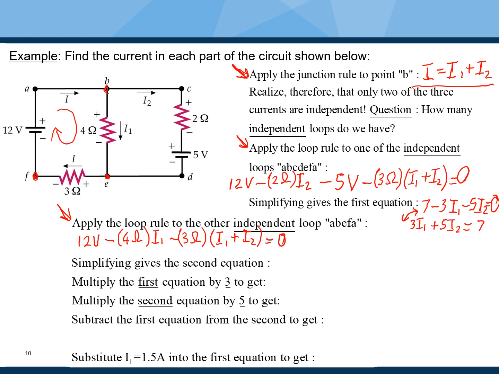Now again, we can simplify this equation, and we would like to do our simplifications as quickly as possible. So we see that we have 12 volts. There's no other voltage in this equation. So let me clean up a little bit. Okay, and we have 12 volts.